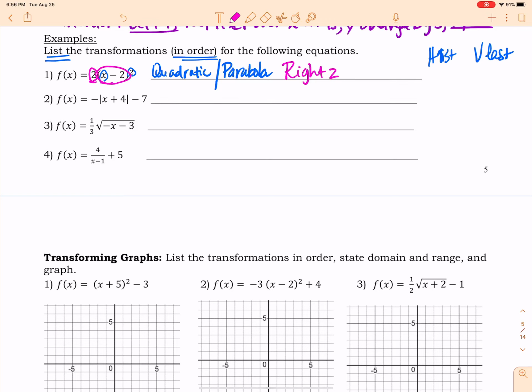Well, look at this 2 out here. That 2 indicates that we have a change in y by 2. So y change by 2. And you can think of it as the parabola stretching up to be skinnier. So you can think of it that way. But that is what's happening.